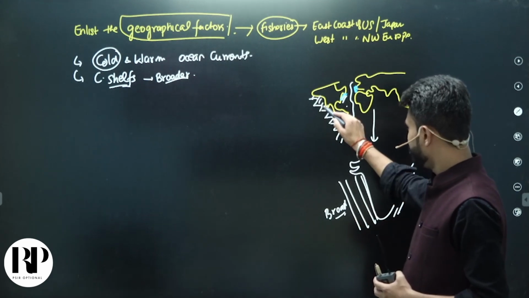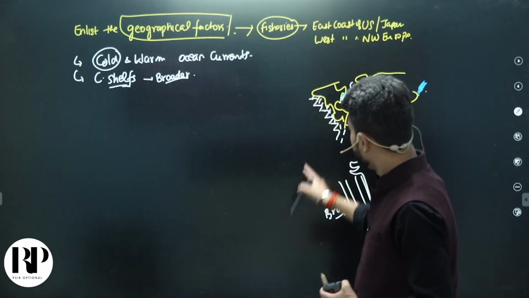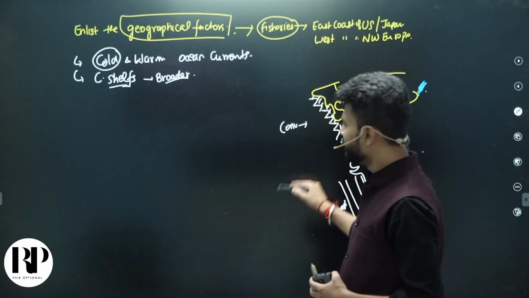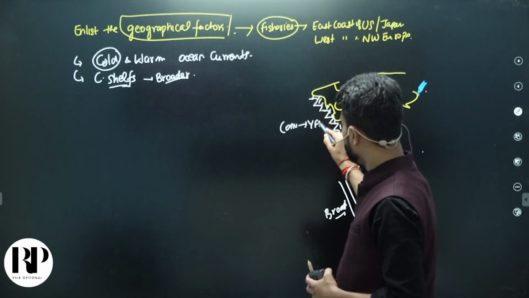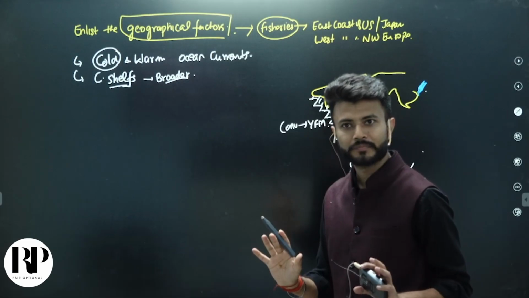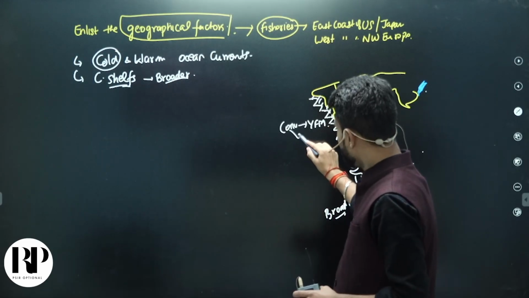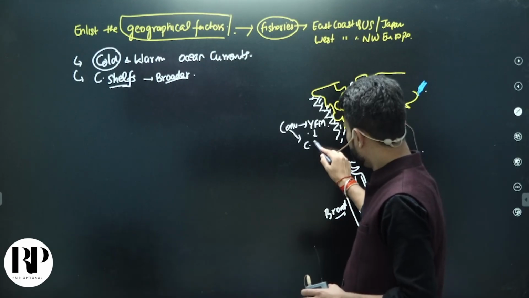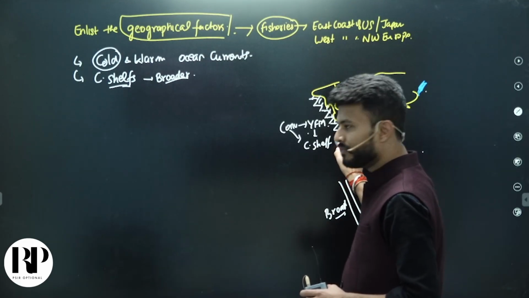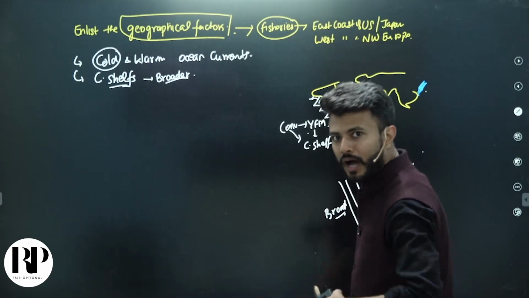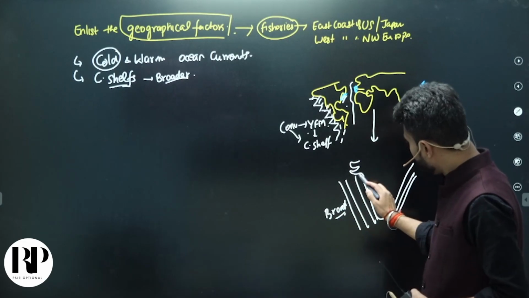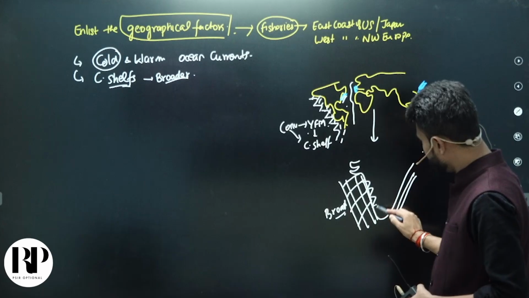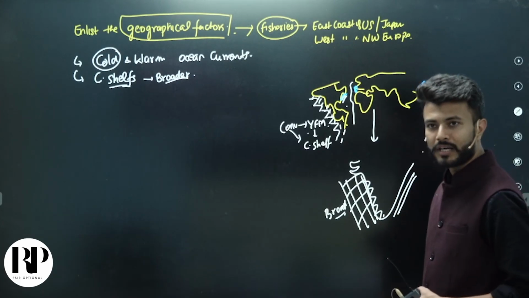Now, from this information, if there is a convergence going on, there will be the formation of young folded mountains. Right? And we also know that if there are young folded mountains, there will not be a broad continental shelf. That is also correct. How come in India you have a broad continental shelf as well as mountains, the Western Ghats?